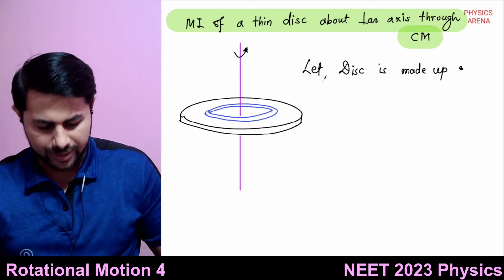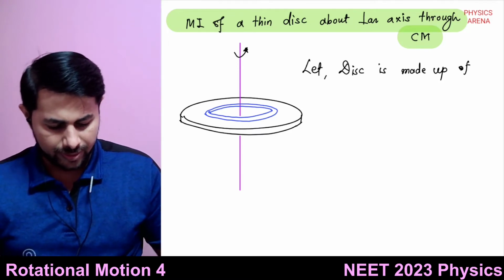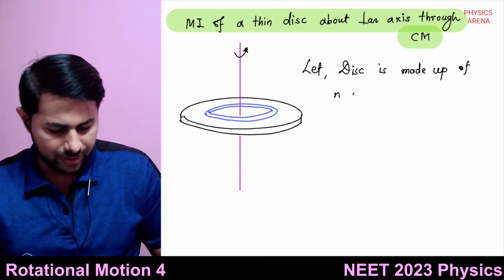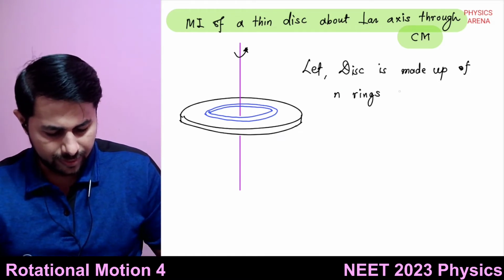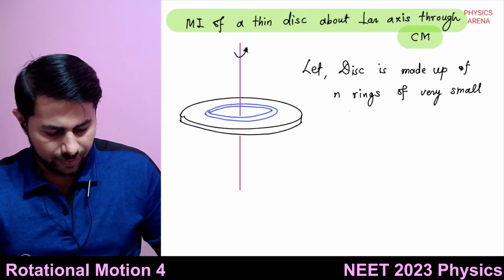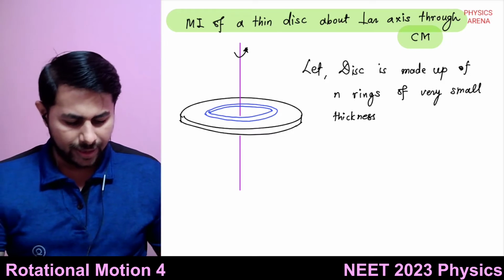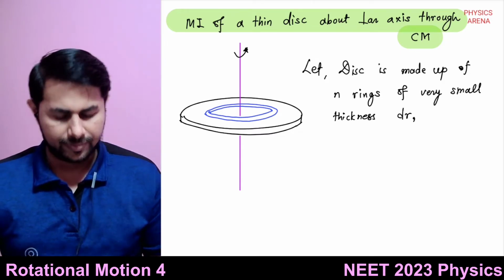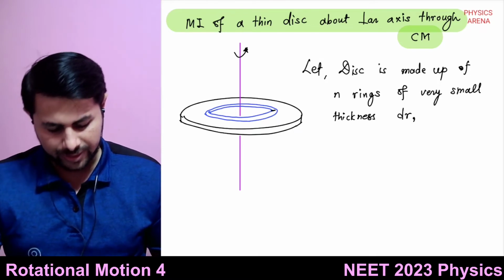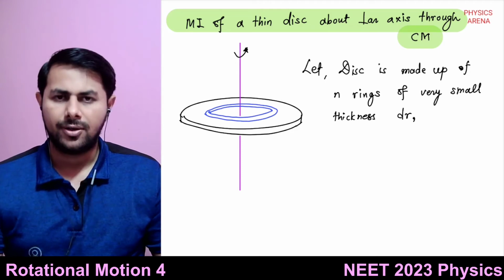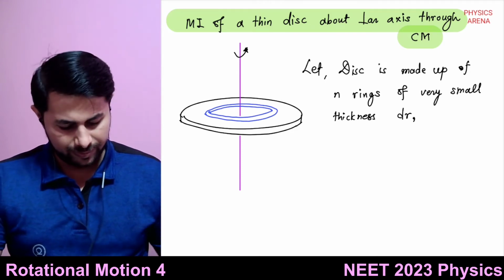Let the disk be made up of rings of very small thickness. And how much is their thickness? So the thickness is suppose dr. Okay, so this much thickness is dr, and of radius r, you can say.